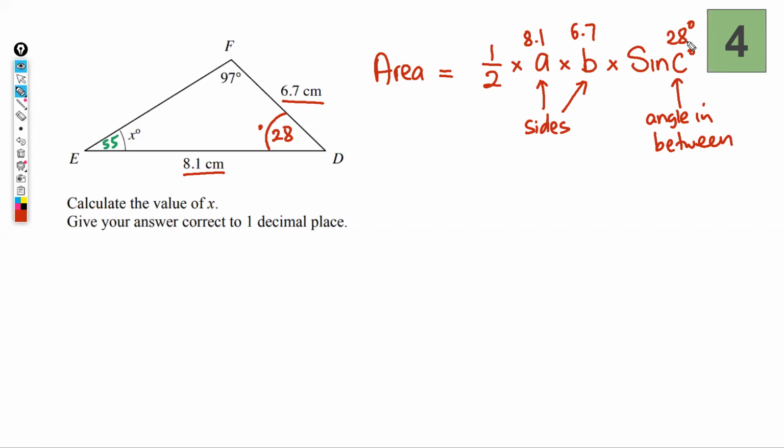And I'm getting 12.74, roughly that. So the area is 12.74 centimeters squared. Every once in a while, I'm going to ask you to find the area as an additional question.